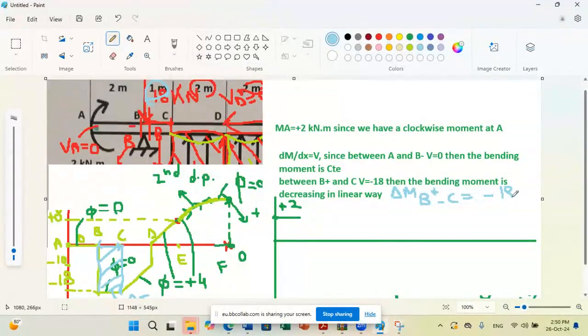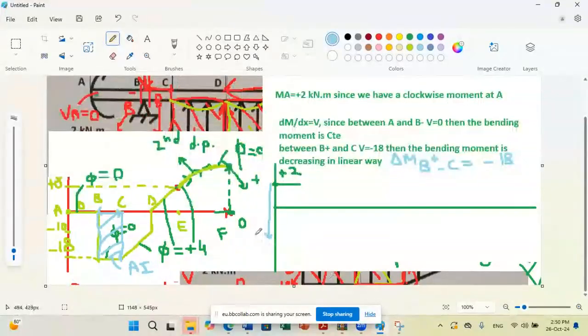And since my moment was plus 2, if I go downward 18, my figure is not to scale, of course, okay? So this is minus 18. And I will go in a linear way from plus 2.